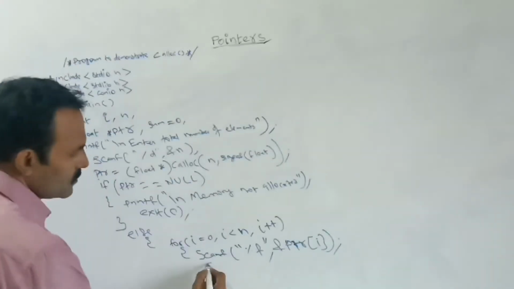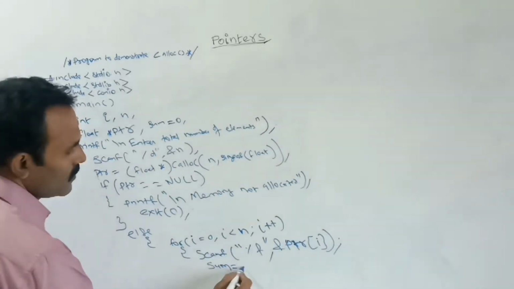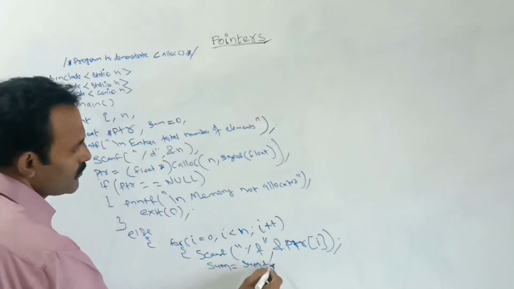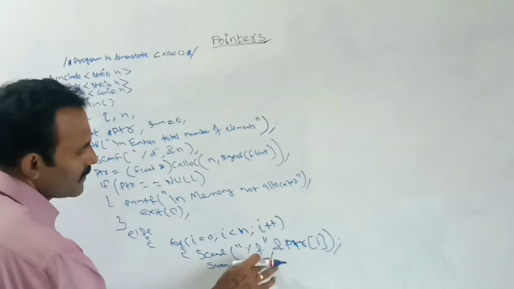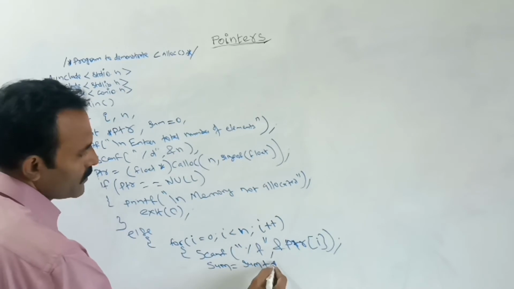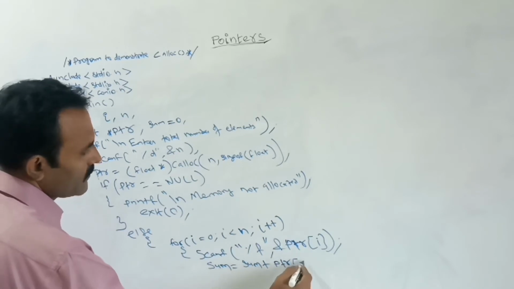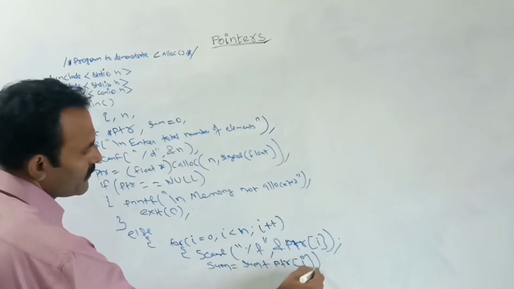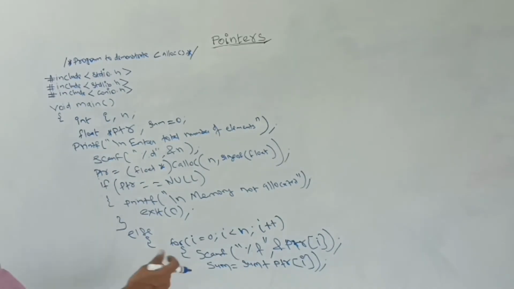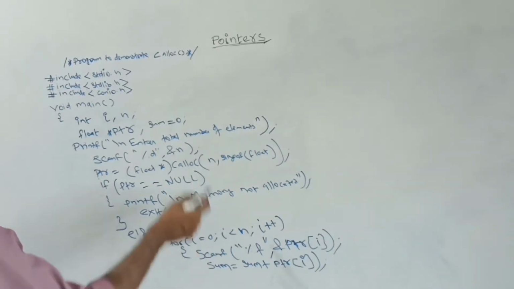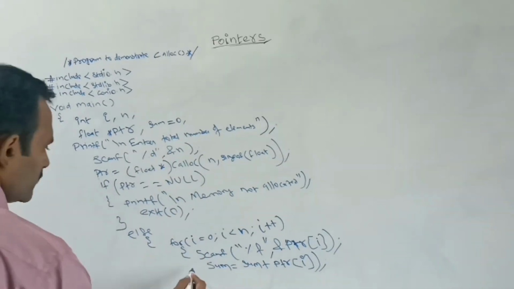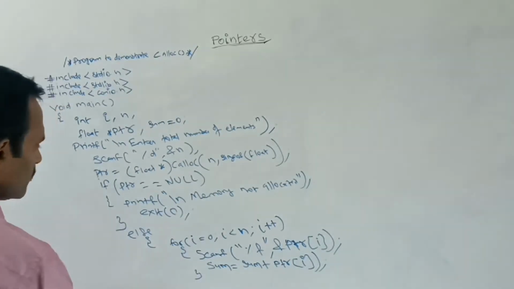Then sum is equal to sum plus that pointer value, ptr of ith value. What value you are giving at the time itself will be added to the sum. Next I am closing this for loop.